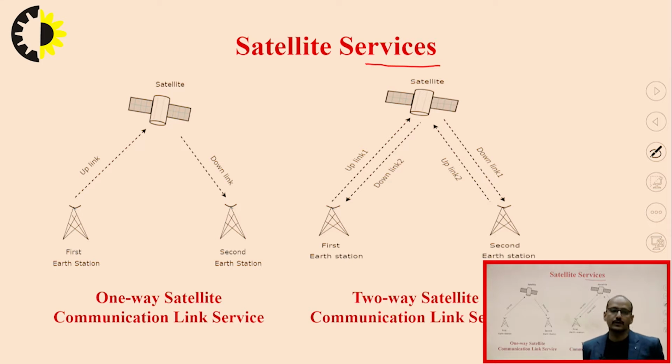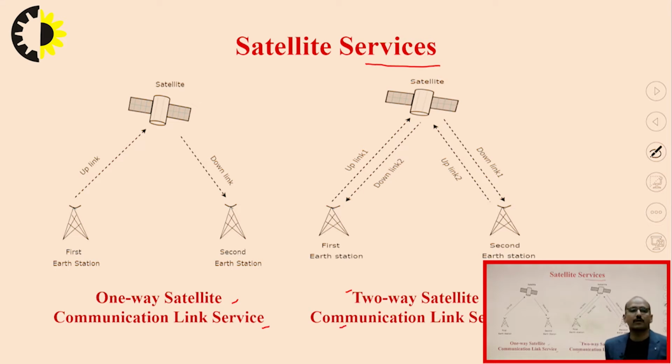I also told you in the previous lecture. So as per that uplink and downlink, there are two types of satellite services which can be offered. First one is the one-way satellite communication link service, and the second is the two-way satellite communication link service.